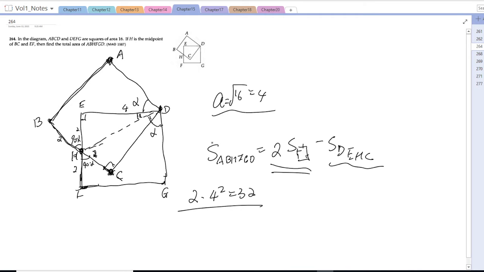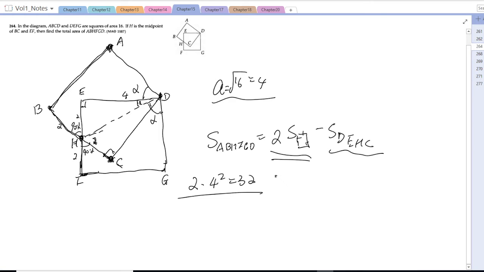Then DEHC is two triangles. The area of DEHC is 2 times the area of triangle EHD, which is half of 2 times 4, so this one is 4.